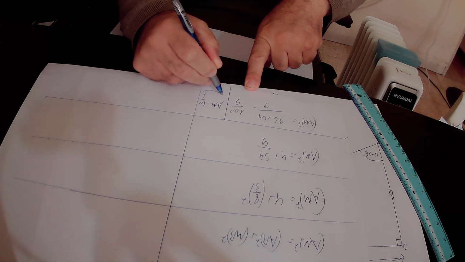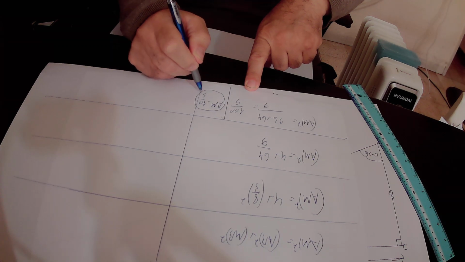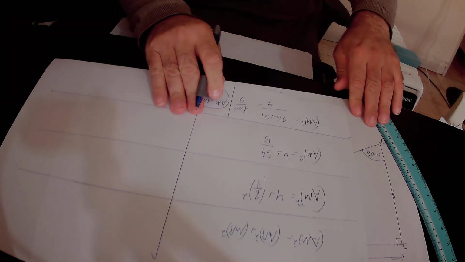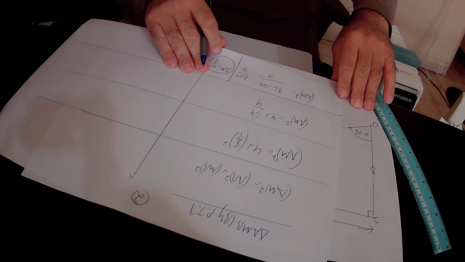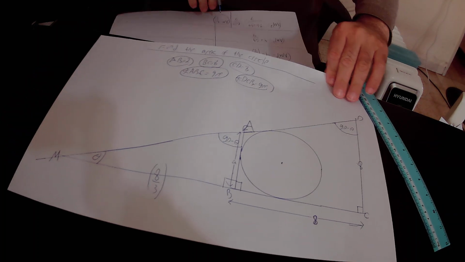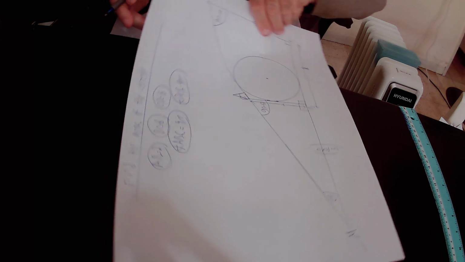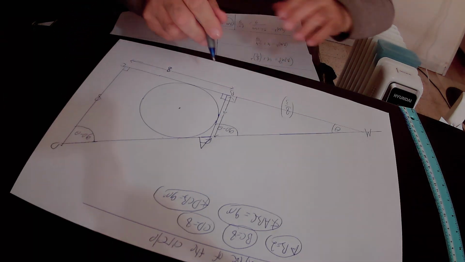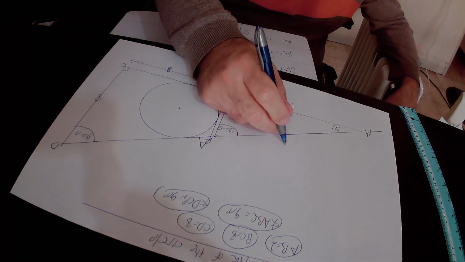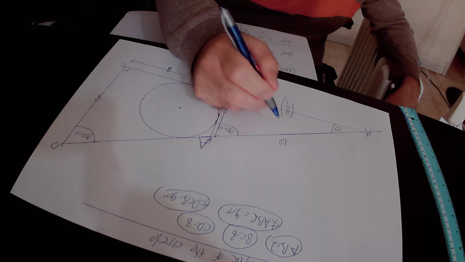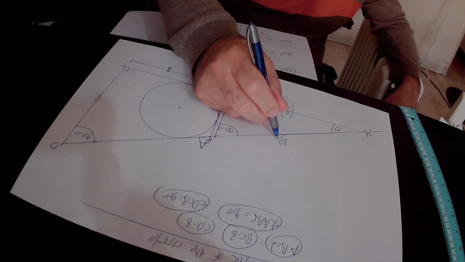So in total we found out that AM equals 10 over 3. So the hypotenuse AM here is equal to 10 over 3 units in length.